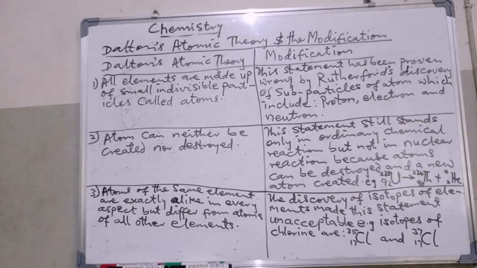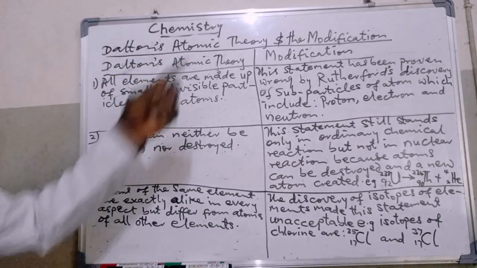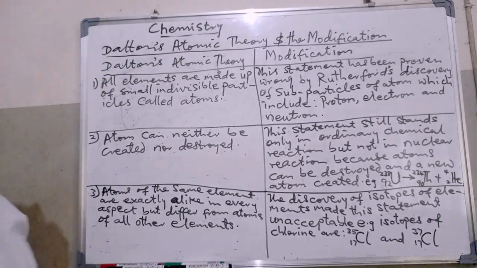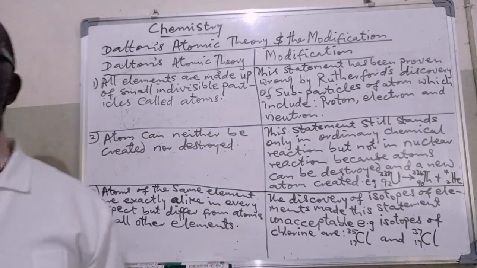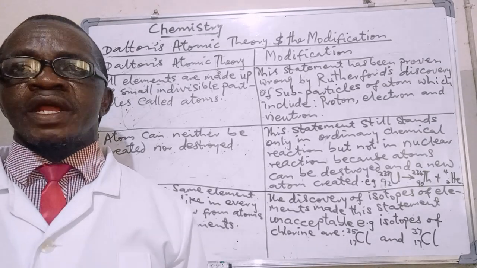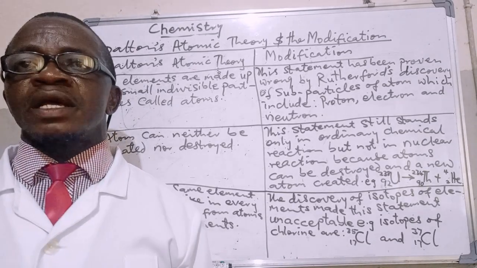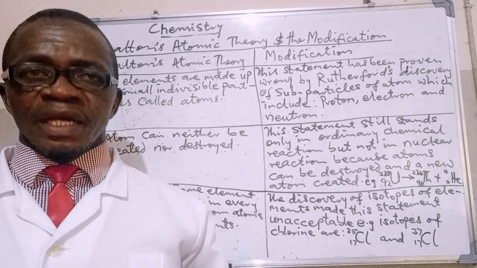Now let's consider Dalton's atomic theory and the modification. What this unit is talking about is the theory that was propounded by Dalton and what it is today.